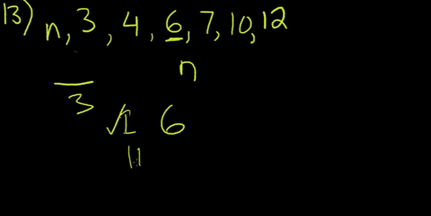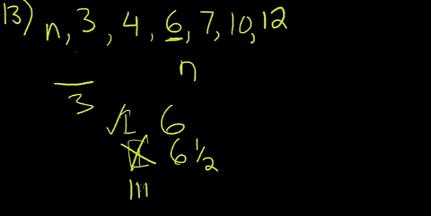Choice 2 is 6.5, and that is never going to be correct in an odd number set of numbers, because whenever there's an odd number set, the median will always be a number within the set, no matter what. It's not going to be a number outside. So that's automatically cut off.